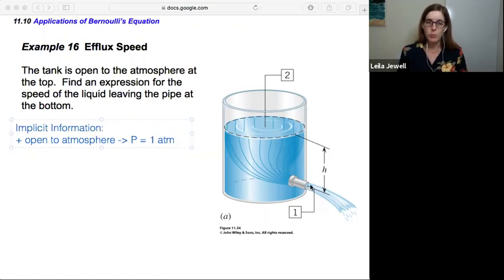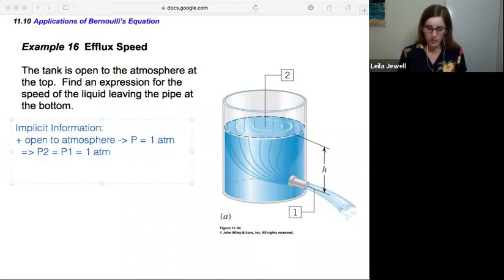What about at point 1? Well, notice that's open to the atmosphere too. So the pressure there is also equal to 1 atmosphere. So as a result, we see that the pressure at point 2 is equal to the pressure at point 1, and they're both just equal to 1 atmosphere. That's a really key starting point, because once you recognize that, then you're able to subtract it from Bernoulli's equation.